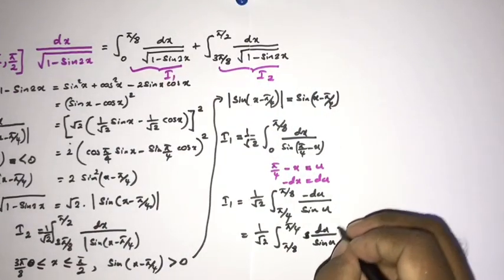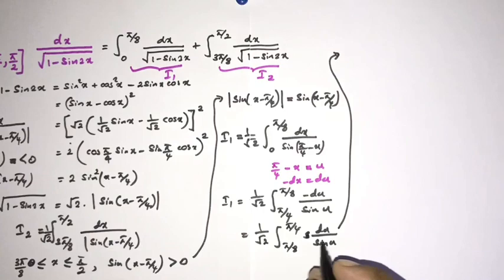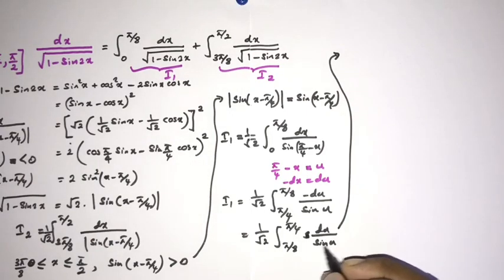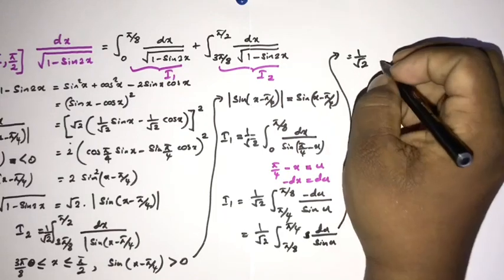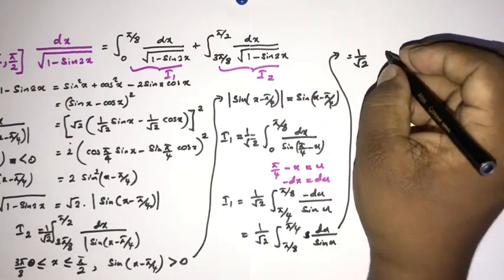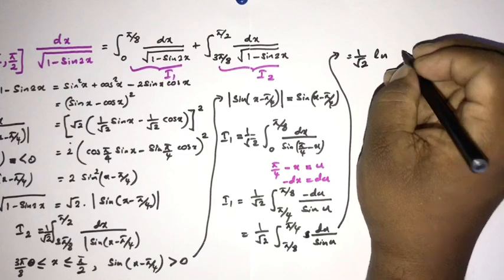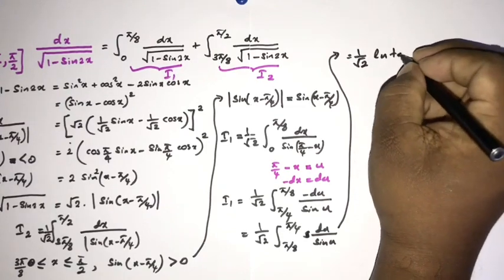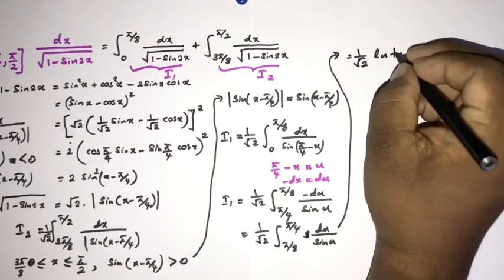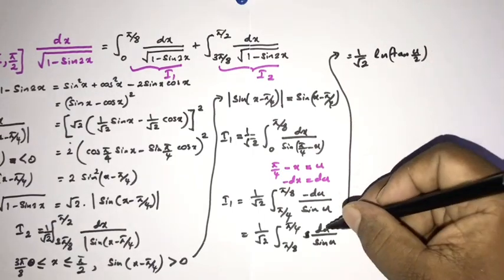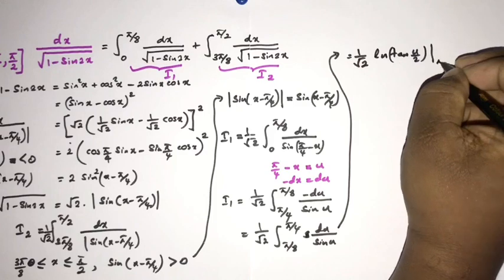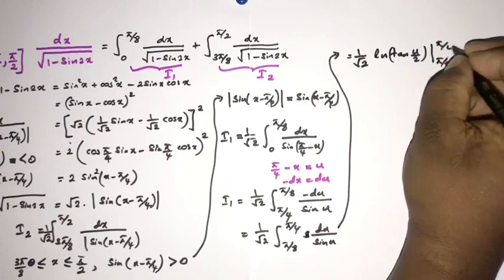Then we have cosecant of u. So the integral is the natural log of tan of u over 2, from π/8 to π/4.